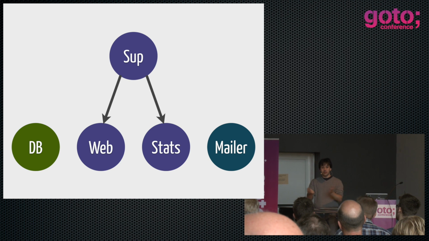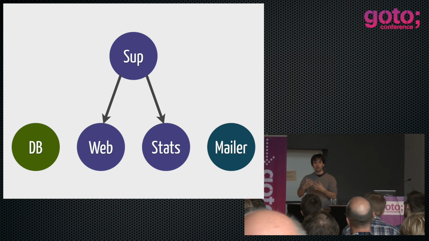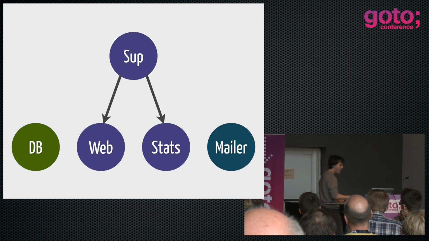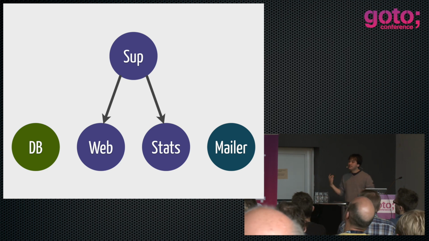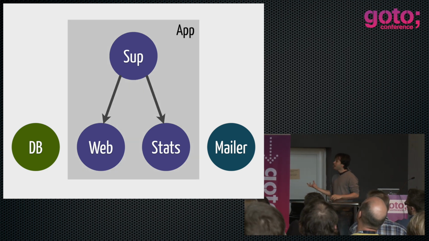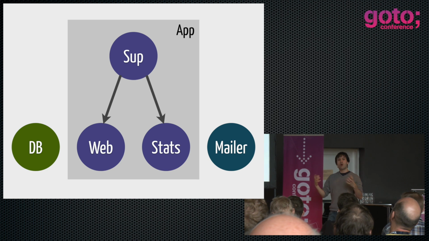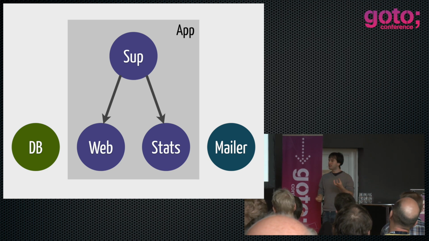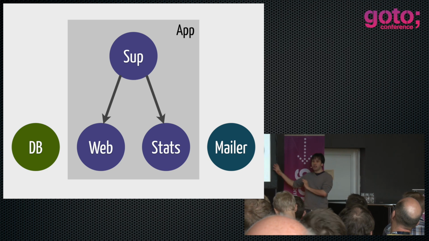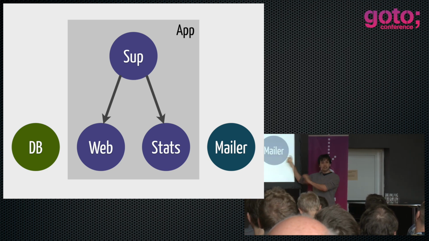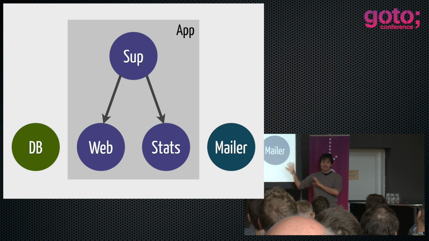You define the supervision tree with the responsibility on what should be restarted. And we package all of this inside an application. And an application is kind of a component, right? It's something that you can start and stop as a unit.